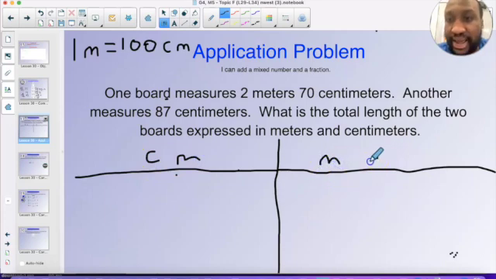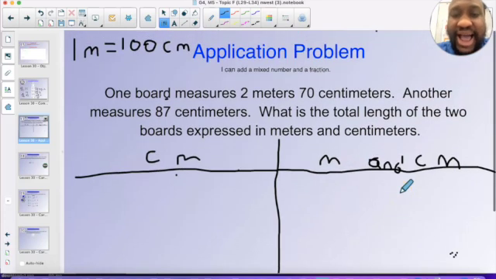So what I first did is that, in order to do it the centimeters way, I have to convert both of the board's measurements into centimeters. So for example, I have 2 meters and 70 centimeters. I know 1 meter is 100 centimeters. So that means 2 meters would be 200 centimeters.